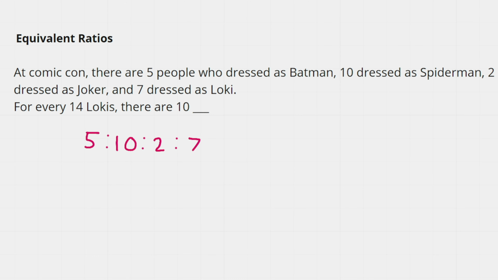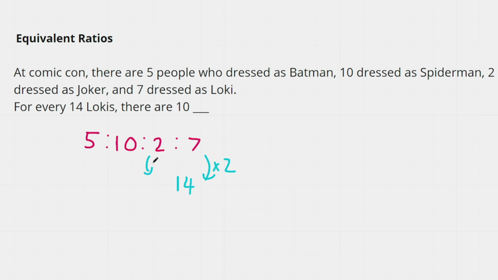In the second scenario, you have 14 Lokis, so 14. To get from 7 to 14, you have to multiply by 2. So we have to see which characters multiplied by 2 would equal 10. Let's start with the number 2, that's Joker.